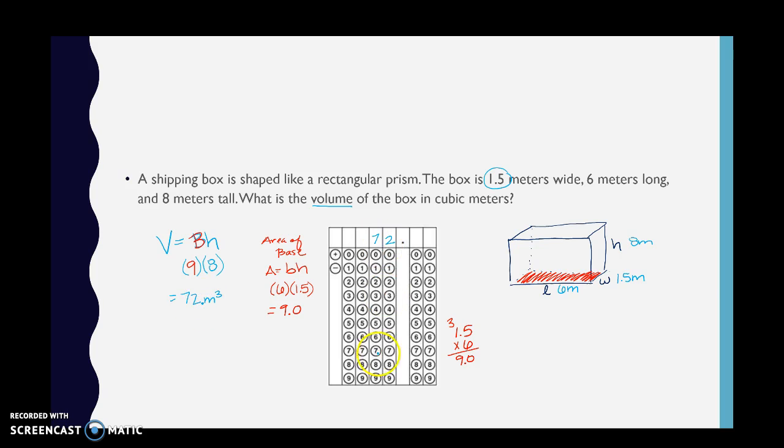So 72, I'm going to make sure that I grid in my 7 and my 2, and out of habit, guys, you should just get in the habit of saying, okay, I need a sign on it. It's going to be positive, because if you don't, you're going to forget that negative. You can do all the math right, because you're so smart, and you're just going to forget to put the negative.